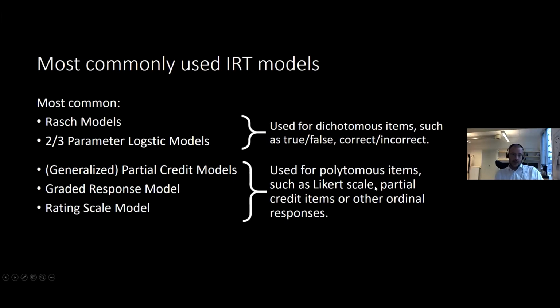And the one I just mentioned is an example of a Likert scale approach. And there you have a few models, depending on what kind of data set you have, that are appropriate to use. You have the partial credit model, or the generalized version, the graded response model, and the rating scale model. And what they do is they move away from the typical factor analysis approach, where the indicators are assumed to be continuous, but they're not really.